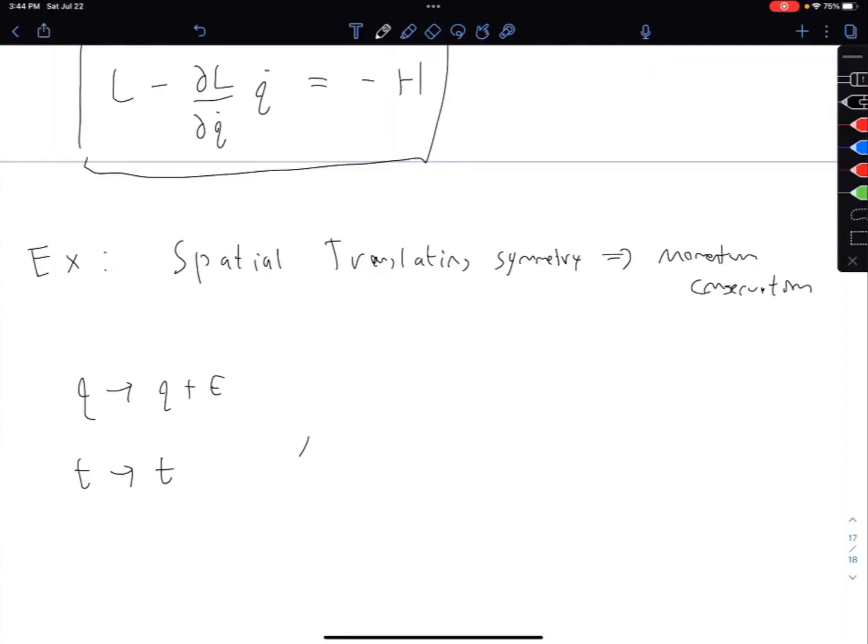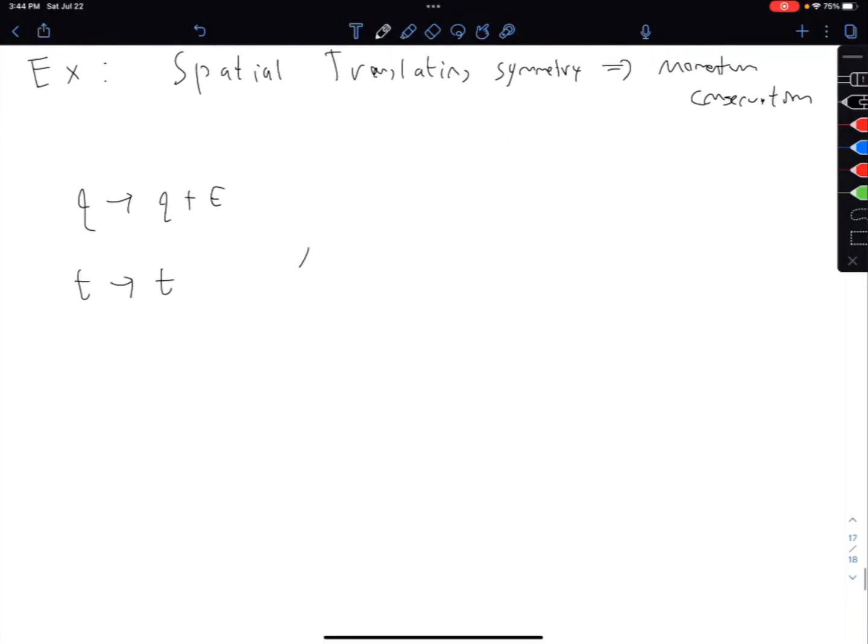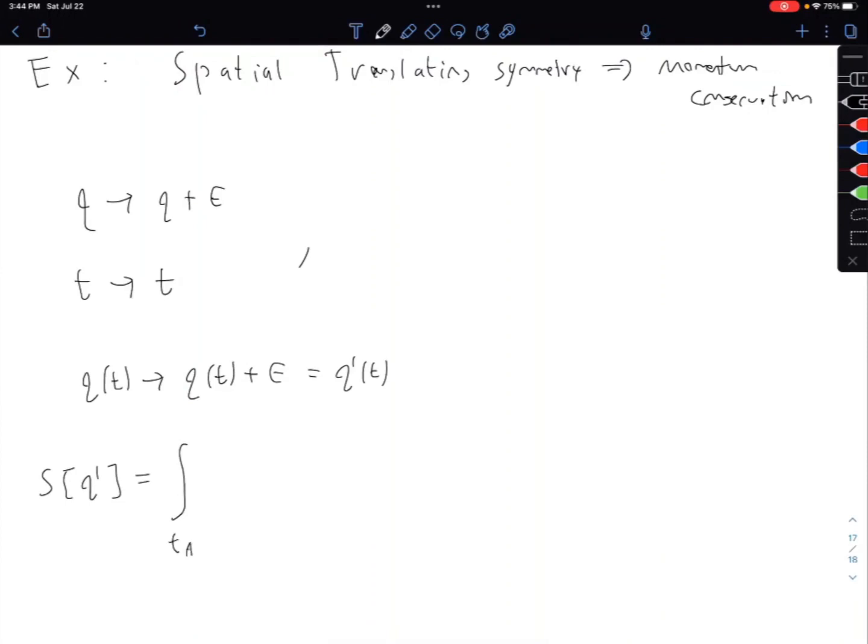And actually, I won't even assume that. We'll just derive that. So q of t goes to q of t plus epsilon, and this is our q prime of t. And let's now calculate S of q prime.